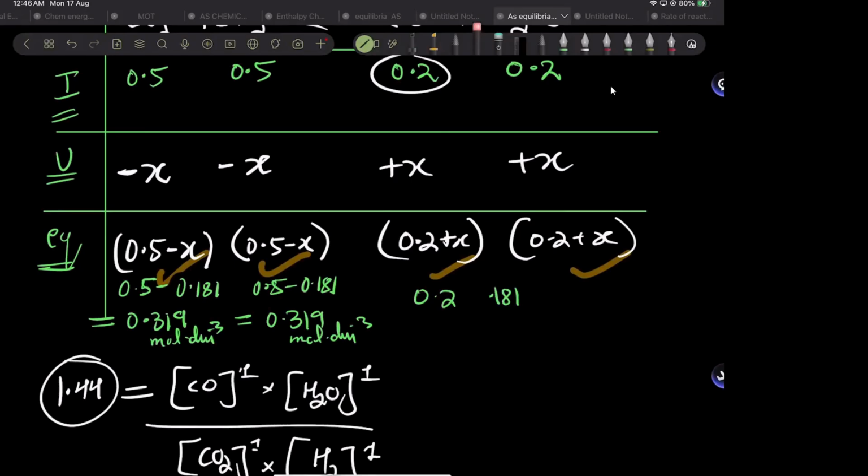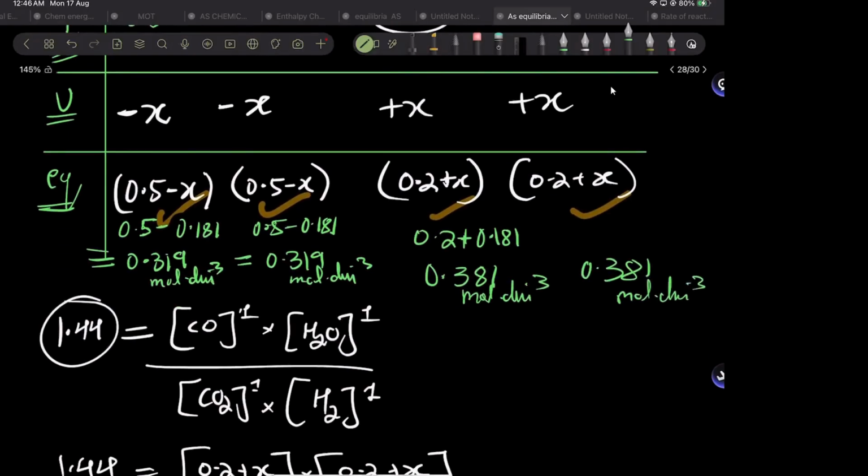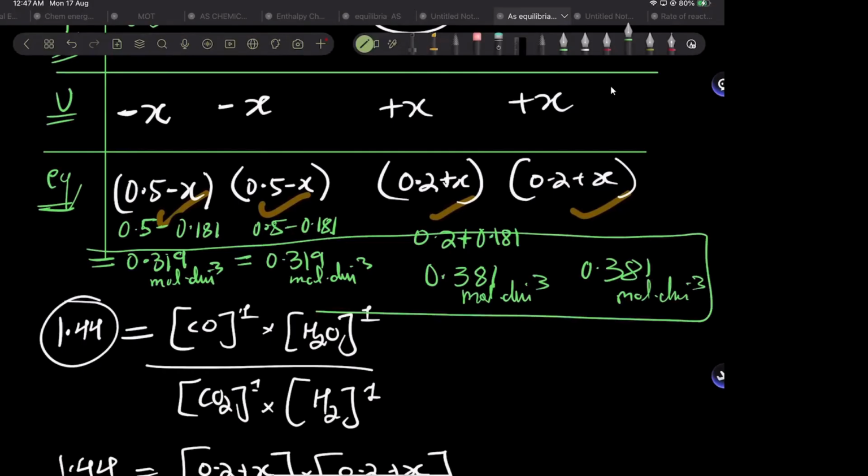I'm getting 0.381. So 0.381 moles per dm cube, and the same for the next one also, because it's the same expression. 0.381 mole per dm cube. Now I know the equilibrium moles of all of the substances.